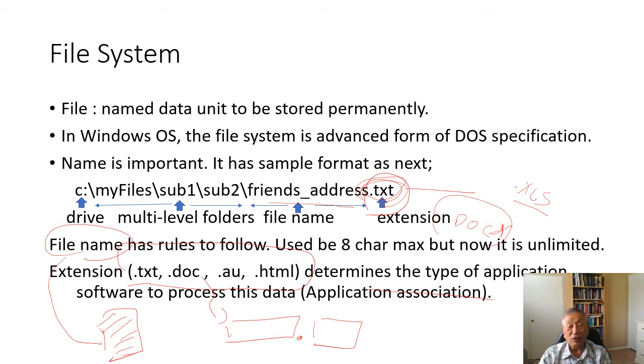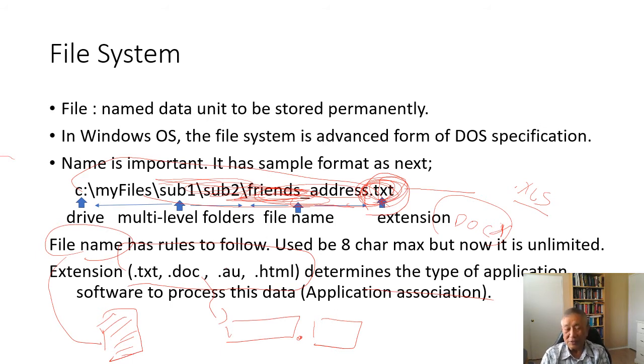So you can have as many different types of files as you can imagine, but the type of the file is determined by those extensions. That's a very important thing.